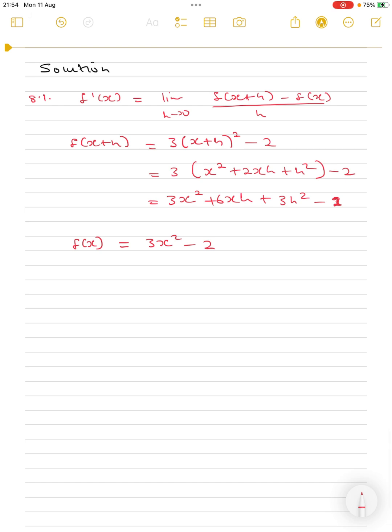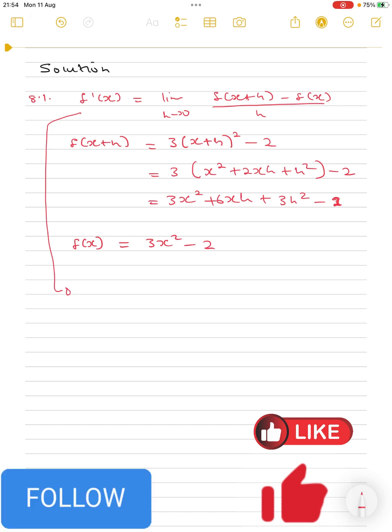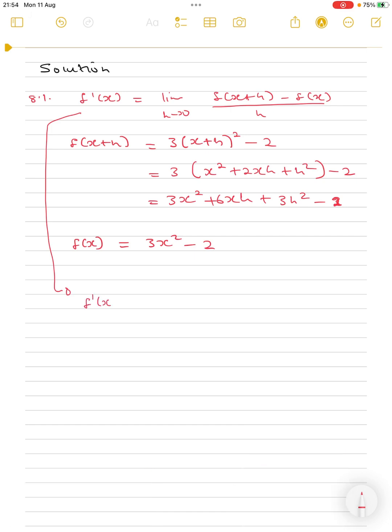Okay, so now from first principle, you write your first principle, which is equal to the limit as h approaches 0. What is the value of f at x plus h? F at x plus h is represented by this function now, which is 3x squared plus 6xh plus 3h squared minus 2, close bracket, minus something.